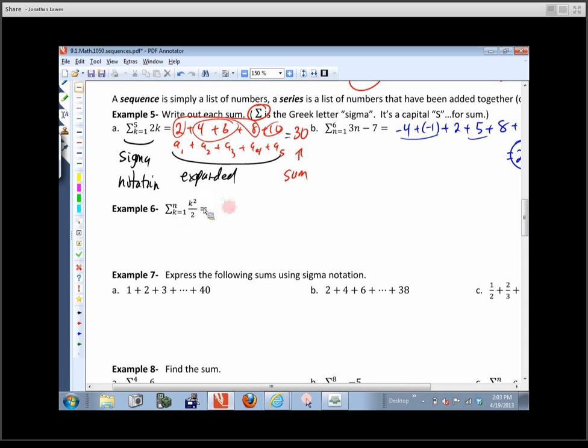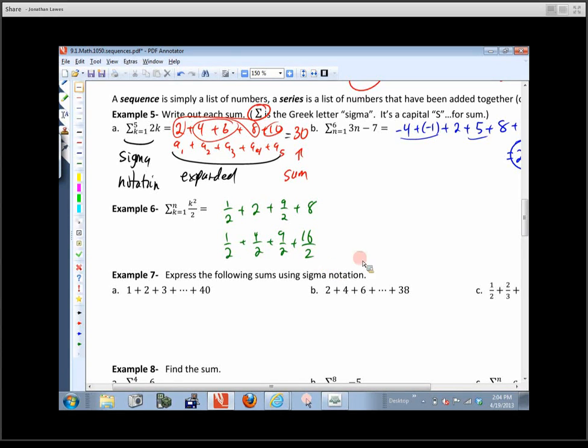Well, when we plug in a 1, you get a 1/2. When you plug in a 2, you get a 2. When you plug in a 3, you get 9/2. When you plug in a 4, you get 16 over 2, so you get an 8. See the pattern there?